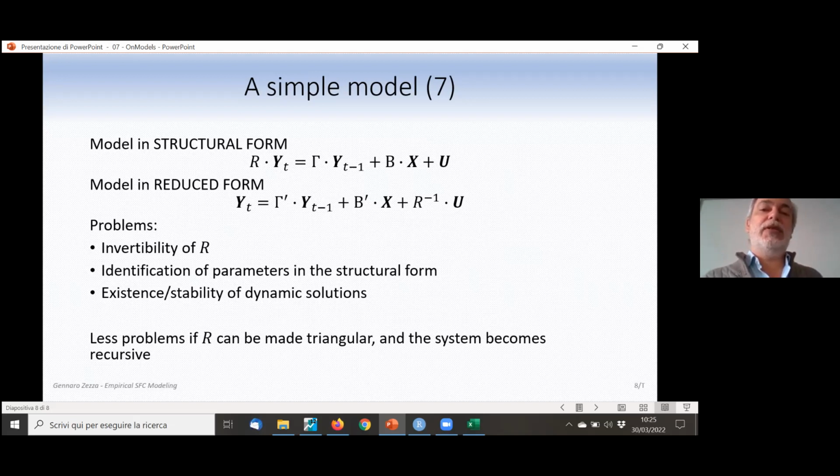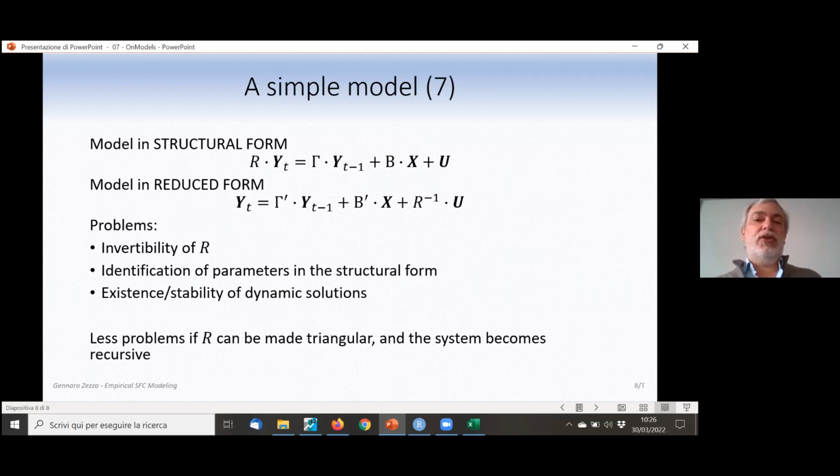So Romer says, in the good old times, the Keynesians were making arbitrary assumptions, but they were clear and transparent. The structural VARs are doing the same, but they are hiding their assumptions in some obscure parameter in the structural form. So it looks more scientific than the old Keynesian approach, but in the end, it's as arbitrary as what the old Keynesians were doing, and it's also less transparent.